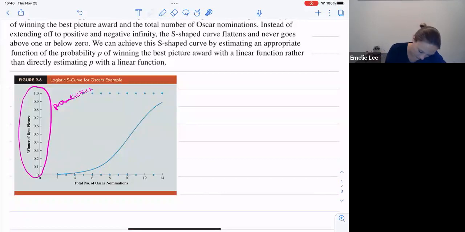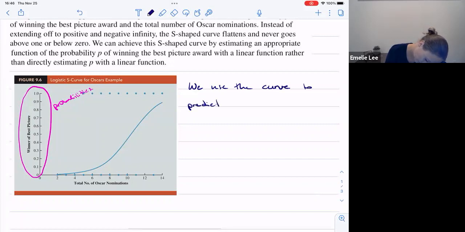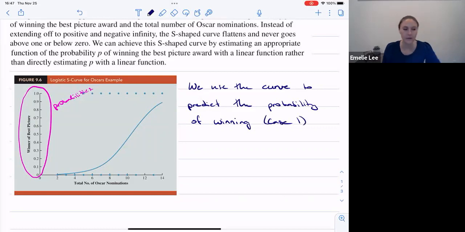So here we use the curve to predict the probability of winning, which is the case 1. Okay, so that's the outcome of 1 is winning.